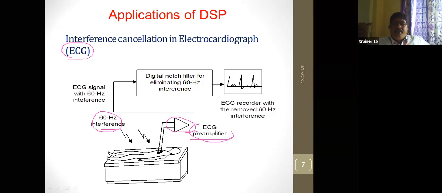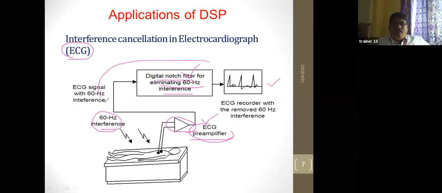That means the amplifier amplifies that signal, and then it sends it to the digital notch filter for eliminating the 60 hertz interference frequency. That means it eliminates the 60 hertz frequencies from the signal. This is also a filter, and here we are arranging one amplifier and one digital filter, and then we can get the digital signal, right?